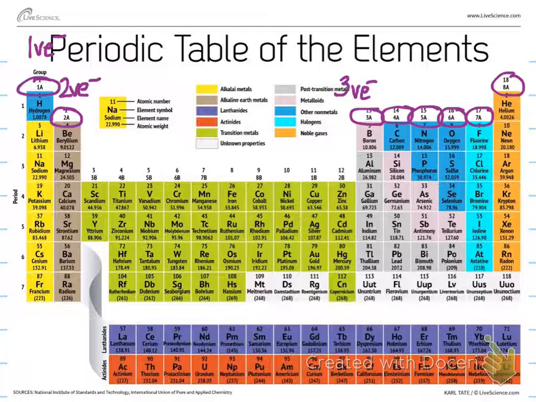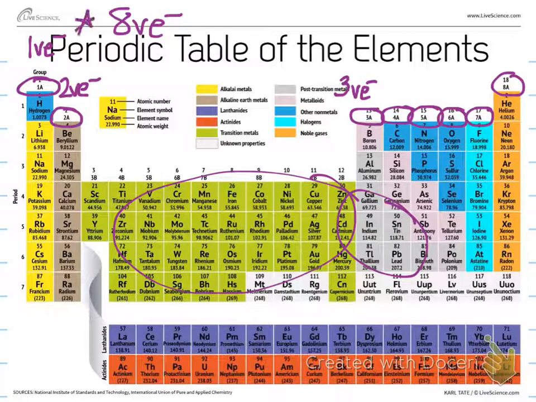So we're going to ignore the rest of them, because they're more non-metals. These guys act more like these group B ones, which we're going to talk about in a couple minutes, okay? So our question always is, we want 8 valence electrons. That's what we're trying to get.